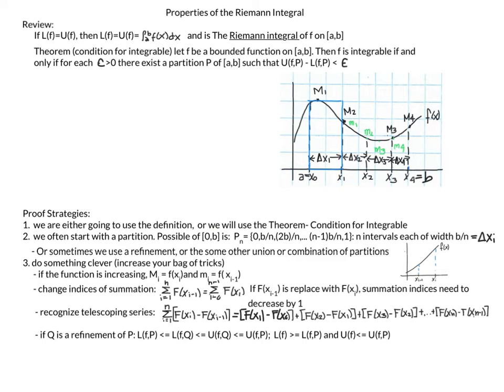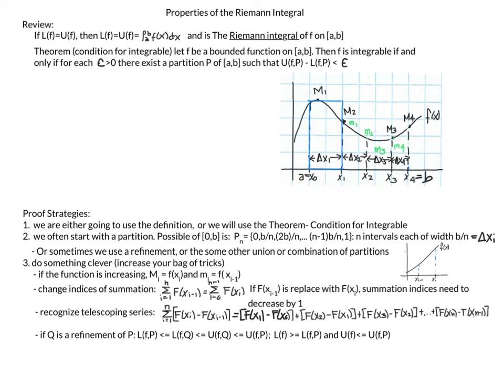So if your interval is 0 to b, your partition can be 0, b over n, 2b over n, up to n minus 1 times b over n, and then b as your final endpoint. And then the width of each is b over n. Another point, I should say, sometimes you use a refinement or some other union or combination of partitions because your particular proof kind of demands it or asks for it.